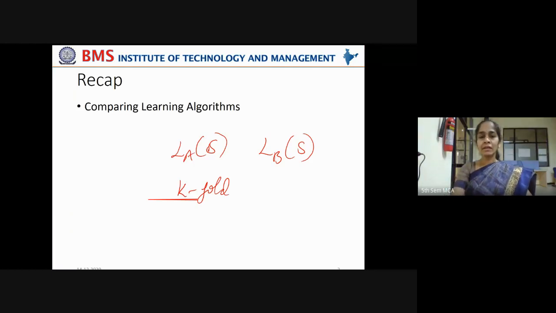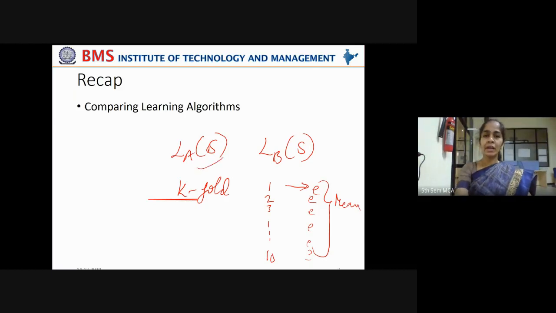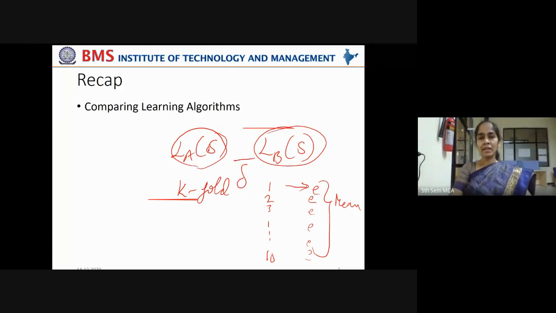In that case, you will have an unbiased estimate of the error. So across all these iterations, first iteration, second iteration, third iteration, up to 10 iterations, at each iteration you will have some error in the prediction, right? That error's mean is taken. Errors across all the iterations, that mean is taken, and its difference by using algorithm A and algorithm B, considered as delta bar, is calculated.